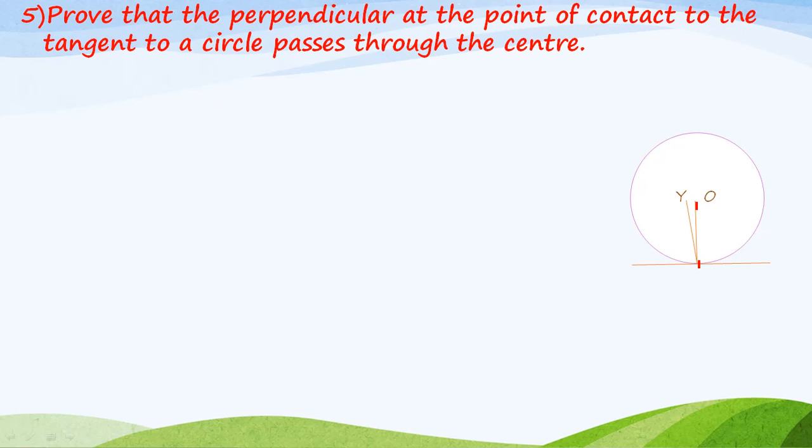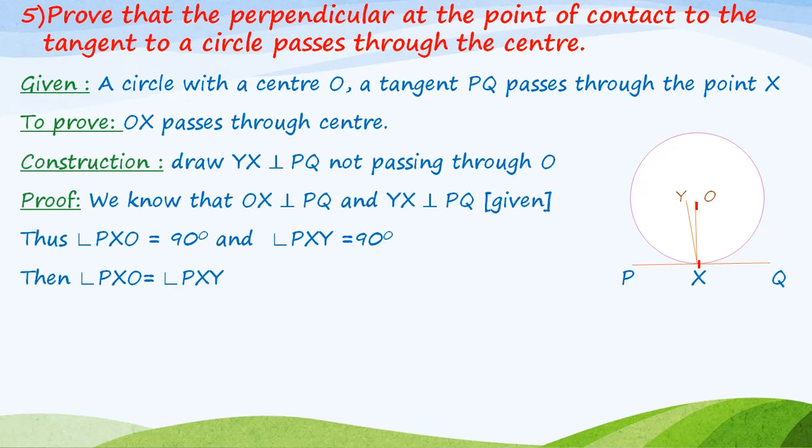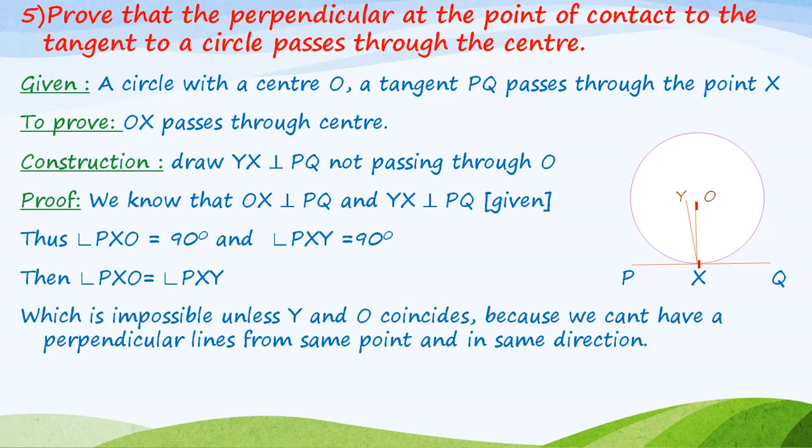First, the given: this is a circle, O is the center of the circle, PQ is a tangent, and X is the point of contact.